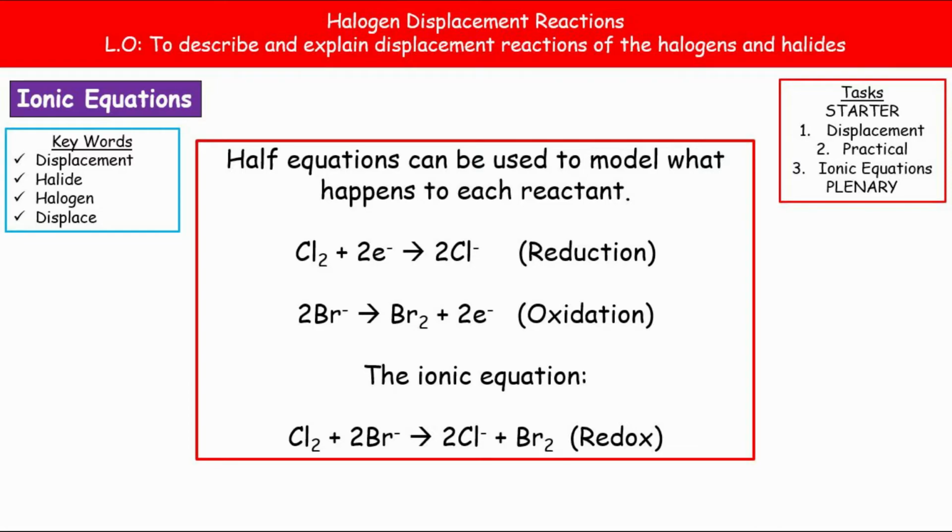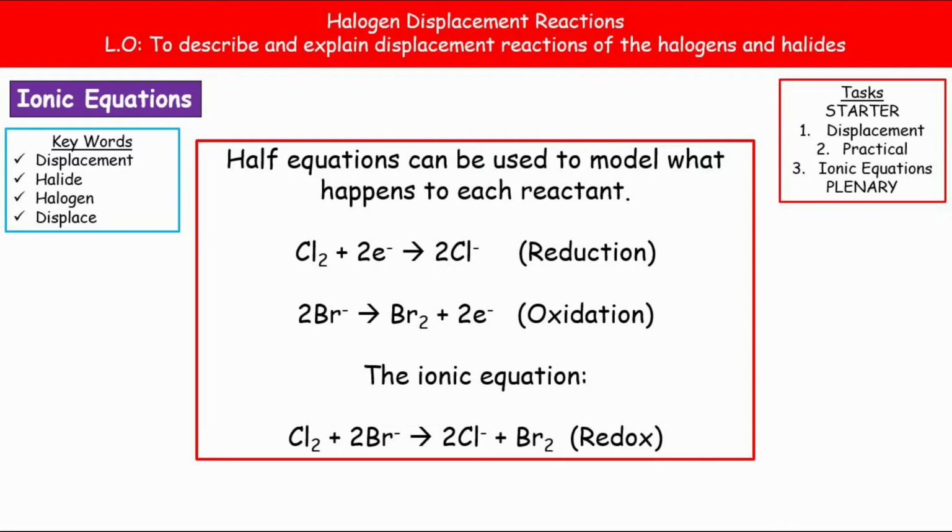If we now consider the second equation there, we've got our bromide ions to start with. So we've got Br minus, the bromide ions, and they're going to form bromine. Now bromine is a halogen, therefore it's a diatomic molecule, Br2, and we're also going to be releasing two electrons here because each bromide ion has one extra electron. So when it forms the bromine, it's going to get rid of those two electrons.